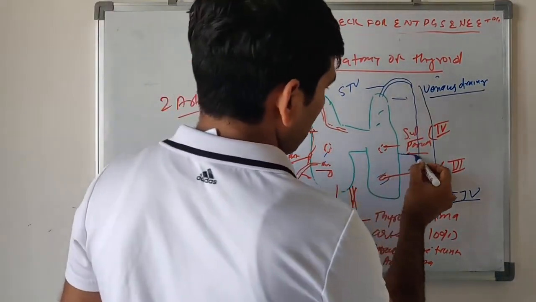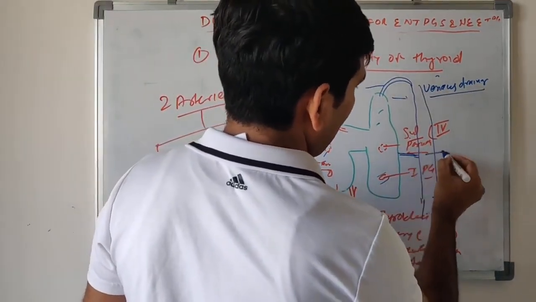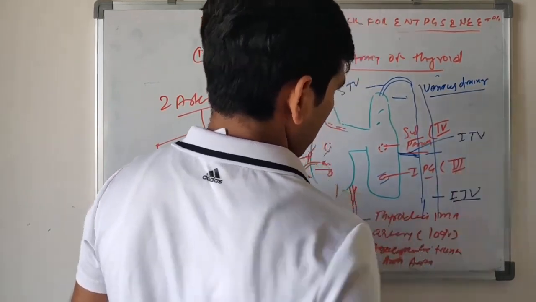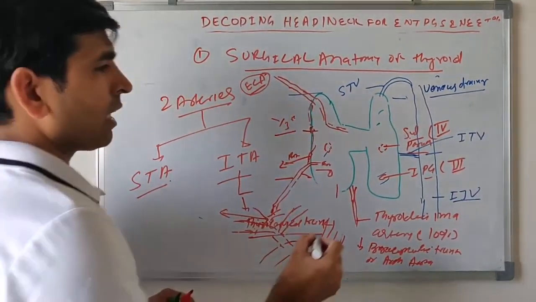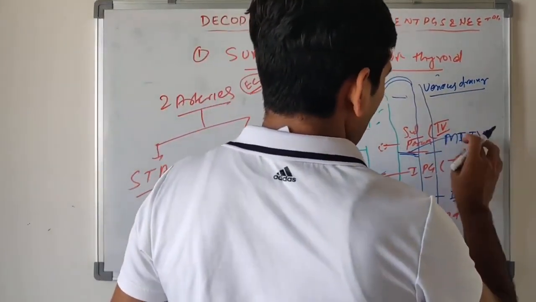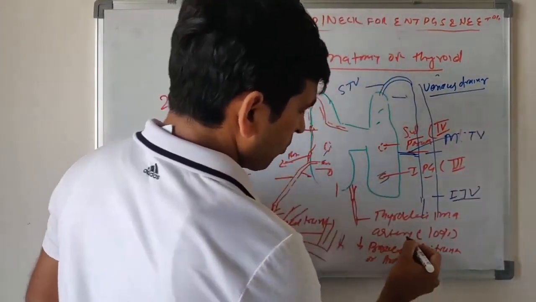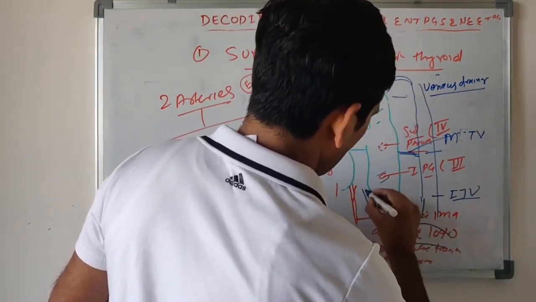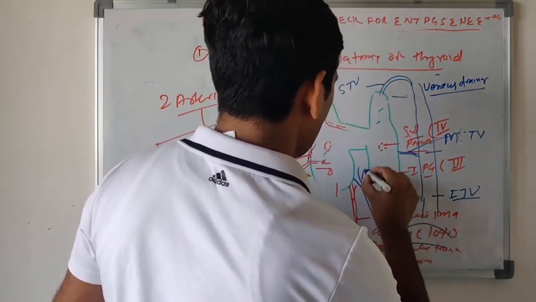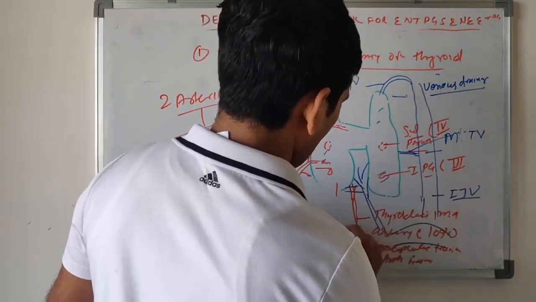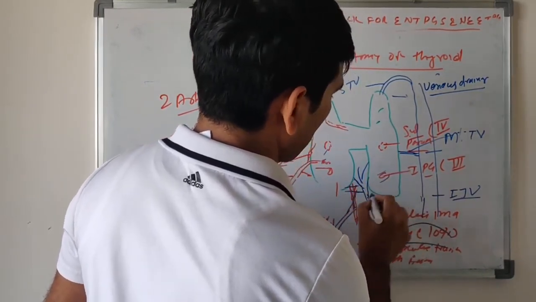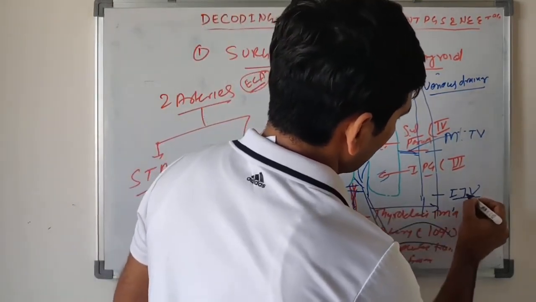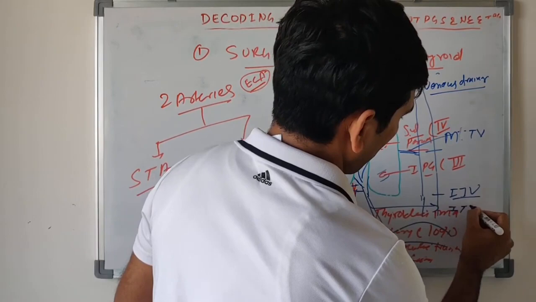One branch coming straight from the IJV is called the middle thyroid vein. And the inferior thyroid vein comes from the brachiocephalic vein and makes multiple plexuses here, the same on left and right sides. That is the thyroid plexus, the inferior thyroid vein.